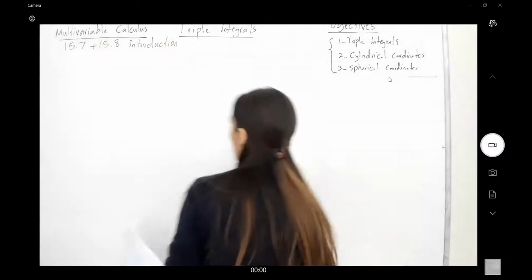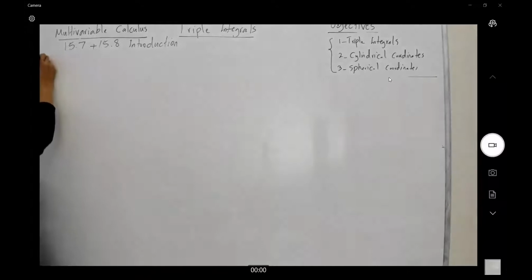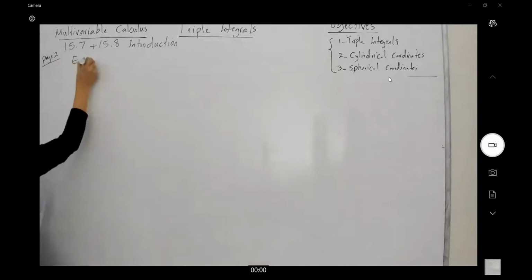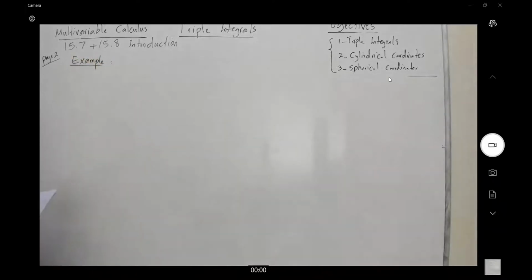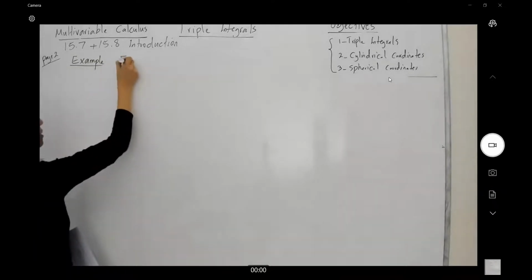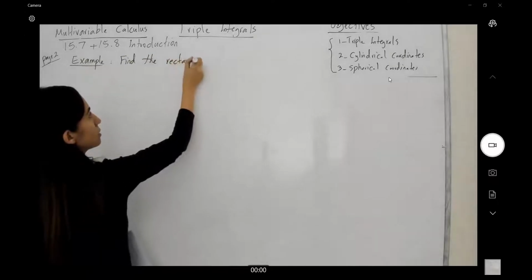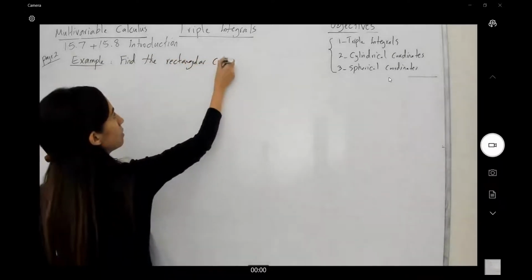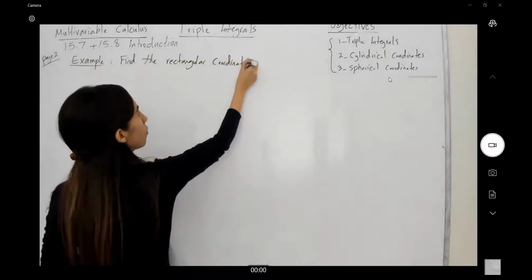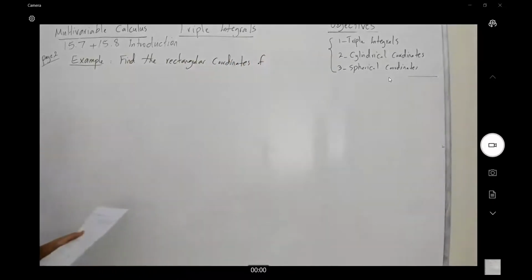So on page 2, we have the following example. Example says, convert from cylindrical to rectangular coordinates. In this example, we have: find the rectangular coordinates of the following point.